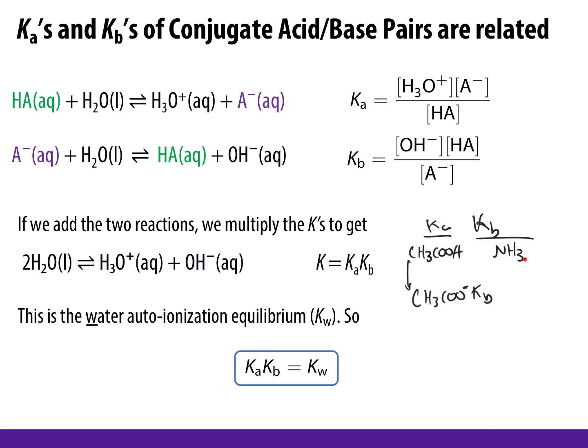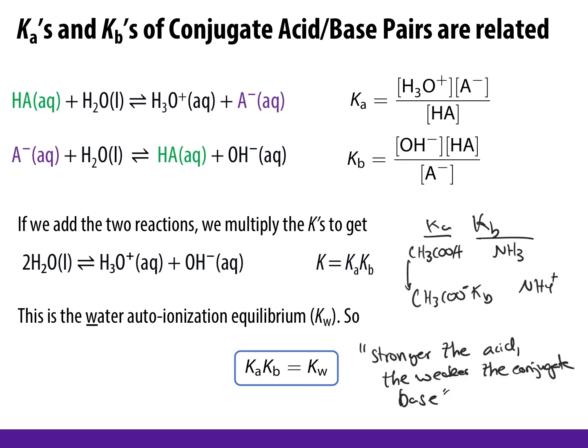Same thing, but in reverse for NH3. If I want to know the Ka for its conjugate acid, NH4+, I can plug into this equation using the known Kb for NH3. Key conceptual point, the stronger the acid, the weaker the conjugate base.